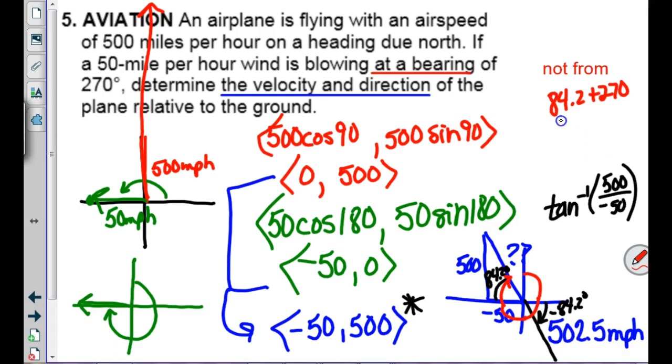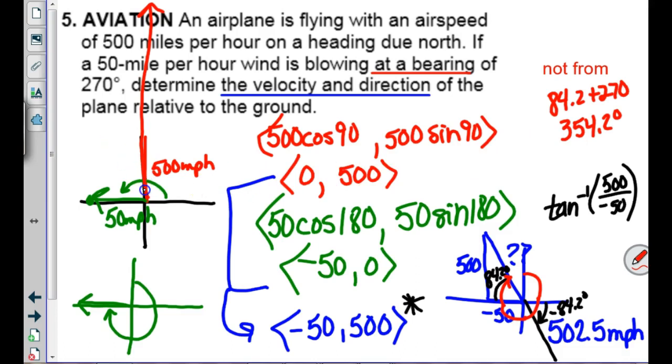Yep, 354.2. When you do a bearing, you're supposed to start off of north. If it's just a bearing, a true bearing off of north, you start at north and go around clockwise. You got to go all the way around.